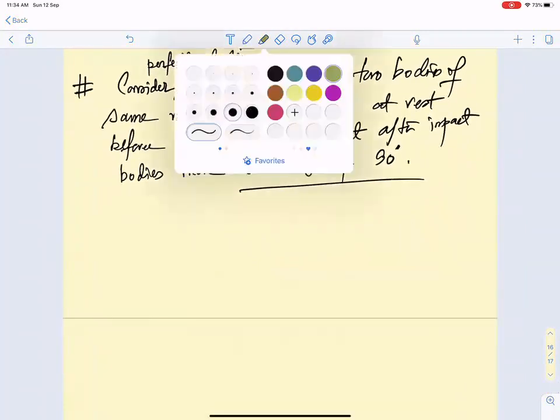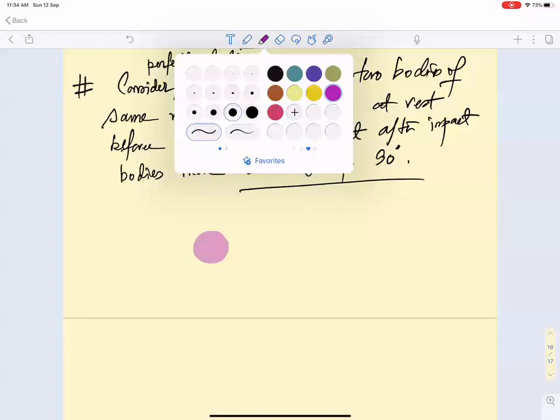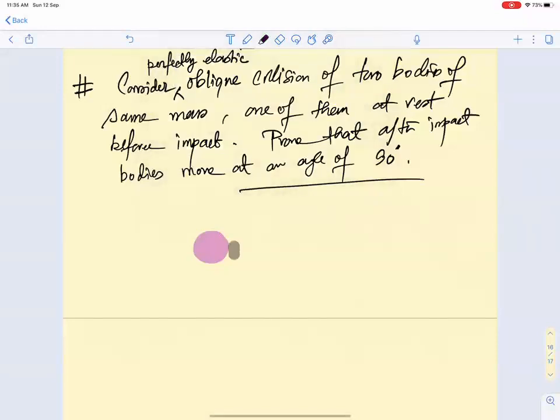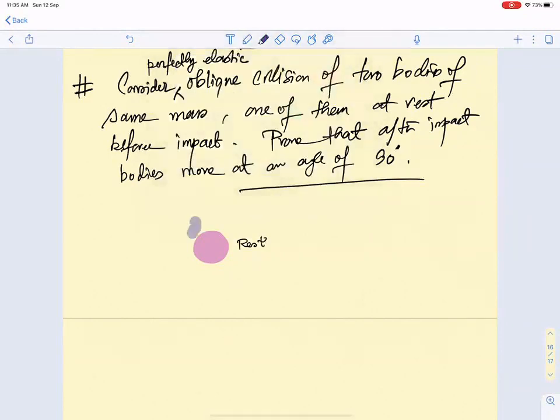So we'll consider two bodies. This one was at rest before. Another body was moving towards this body, but both have the same mass.